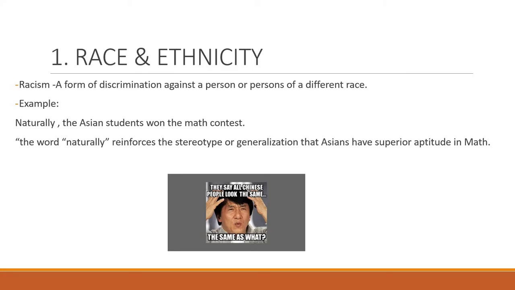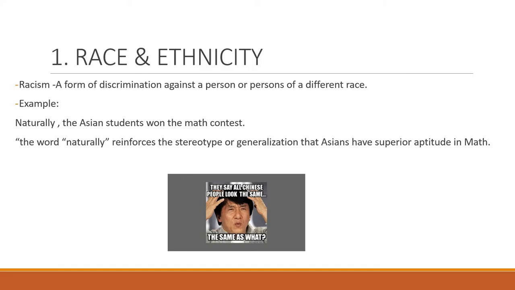Example, we have here a sentence: naturally, the Asian students won the math contest. If you are trying to give emphasis on the word naturally, it reinforces the stereotype or generalization that Asians have superior aptitude in math.